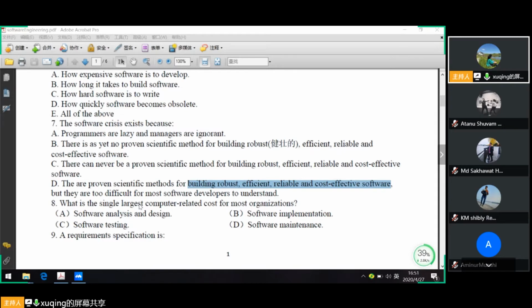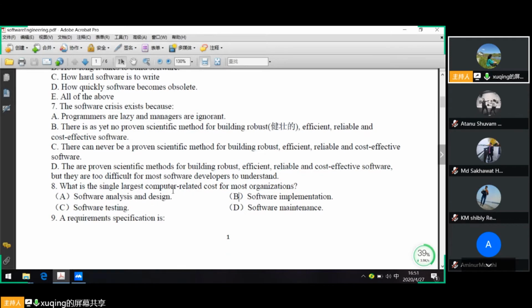First one has answered for the 8th, 9th, and 10th. The 8th one, we ask, what is the single largest computer-related cost for most organizations? Do you have any other propositions?